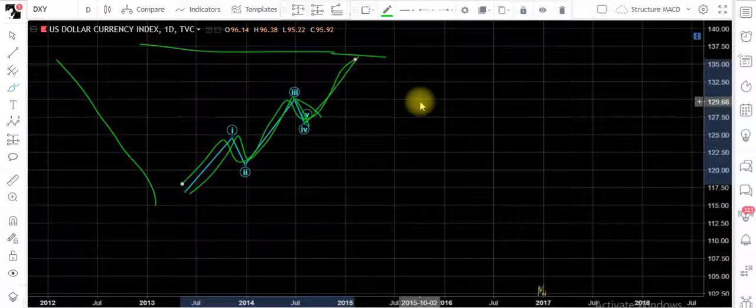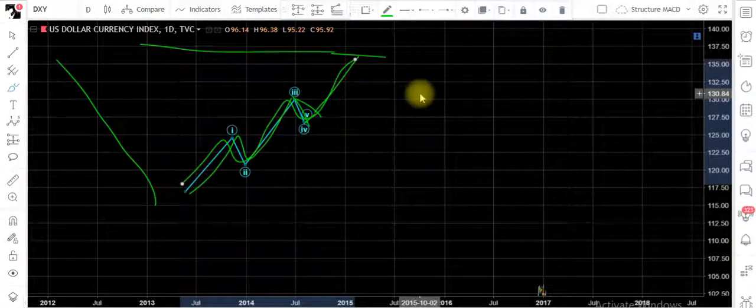So that's kind of what we do. We identify what we've got, we interpret what the structure is, and then we forecast where price is going to go next.